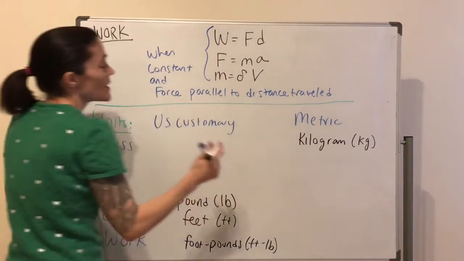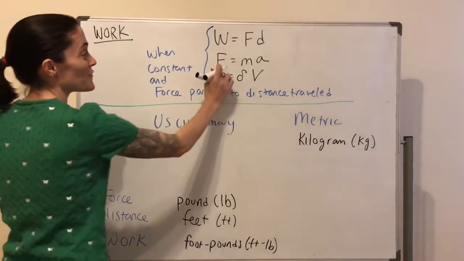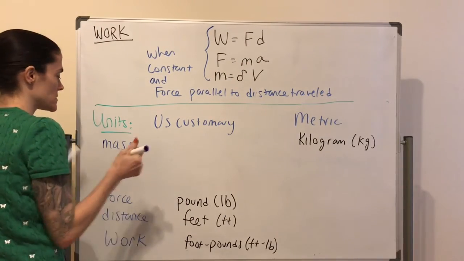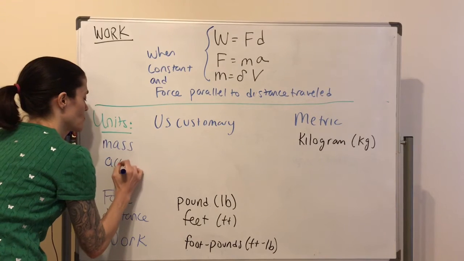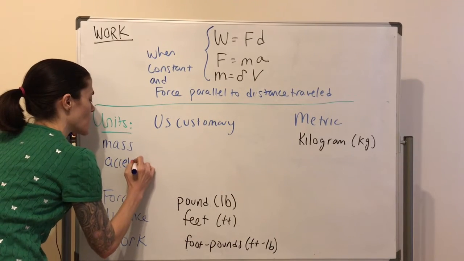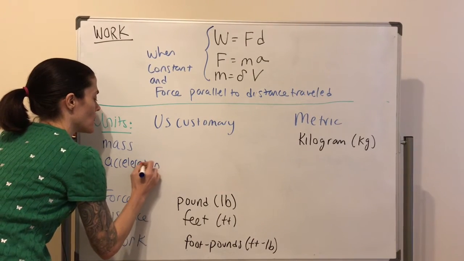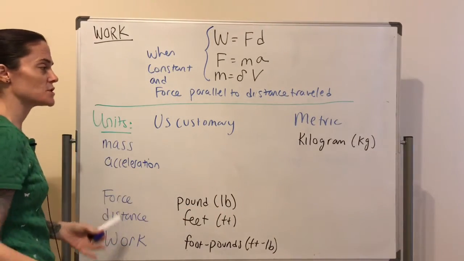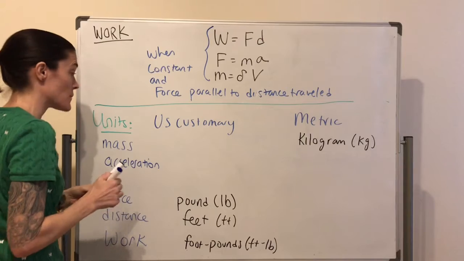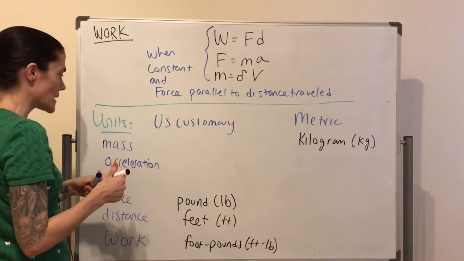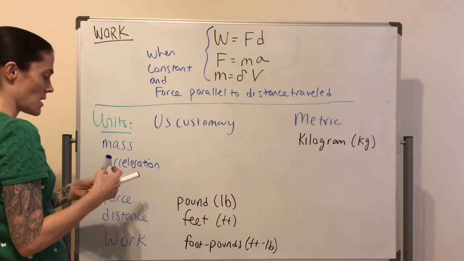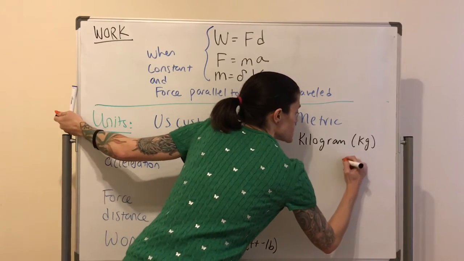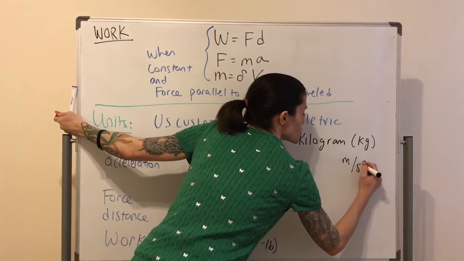And then, if you look at these equations, to get a force, you need mass times acceleration. The acceleration is typically due to gravity, and the multipliers that go back and forth between these two have that factored in, as I was mentioning, but acceleration would be in meters per second squared.